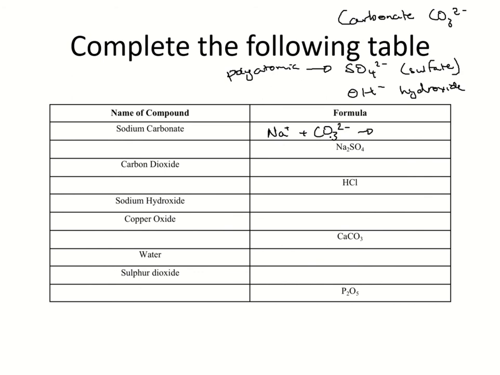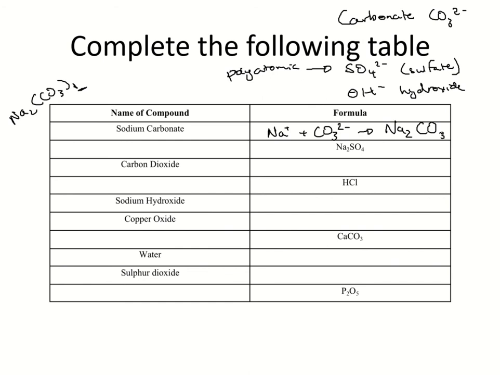So same idea, this 2 will go down to the sodium, so it becomes sodium 2. This carbonate becomes CO3. Another way some people might tend to write it is this. Now obviously 1 is redundant, so we don't write it, so that's why I wrote it there.